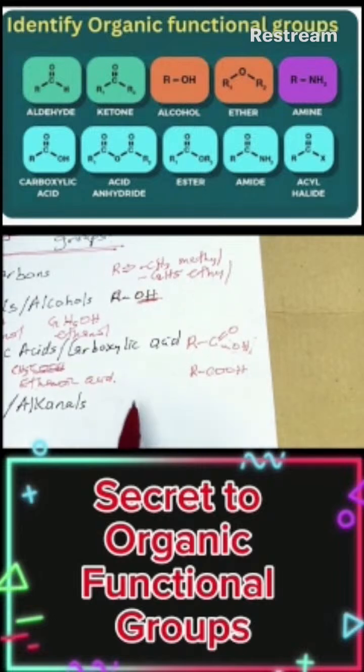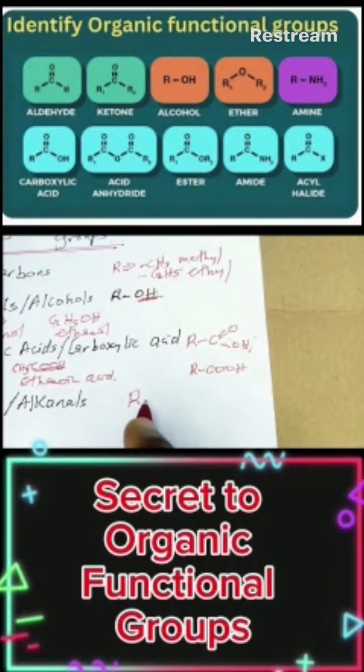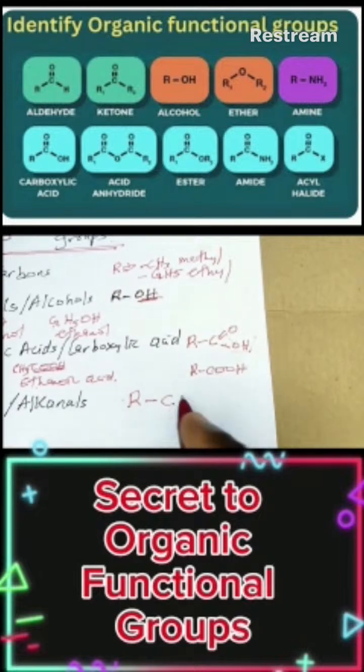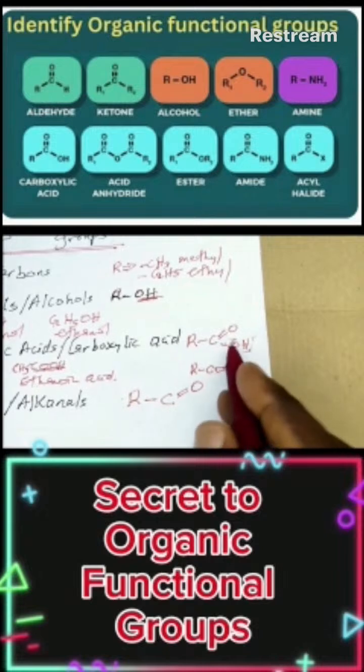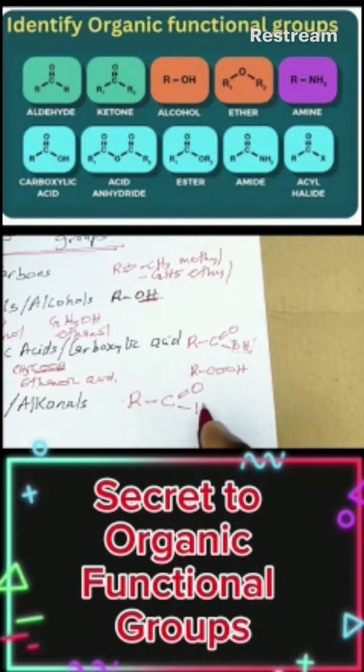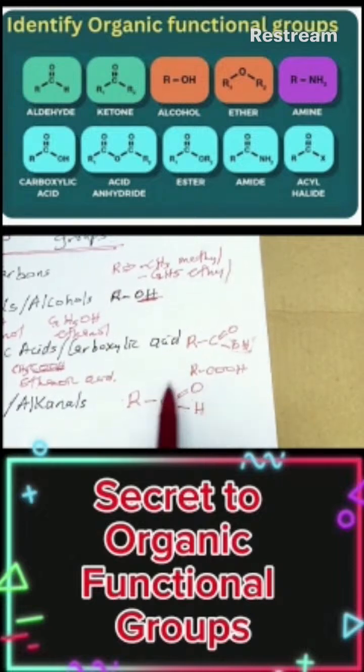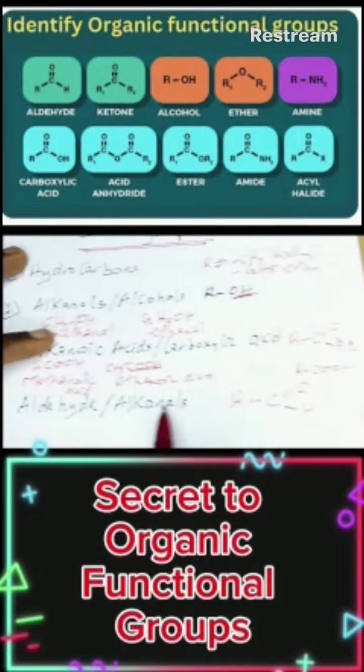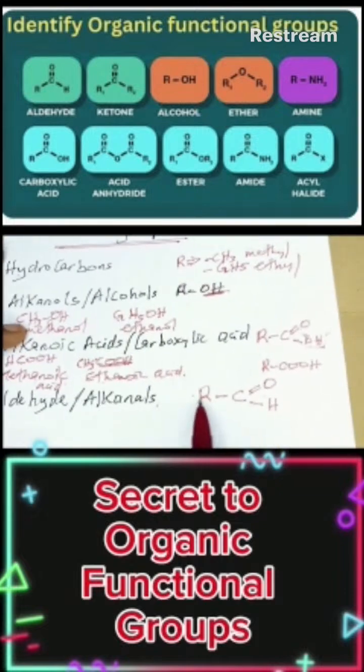To get this, it will be R, which is the alkyl group, to C double bond O, and instead of the OH, it is replaced by hydrogen. Whenever you see this functional group, it is called alkanal, or generally known as aldehyde.